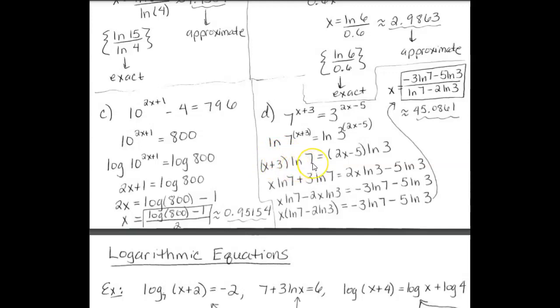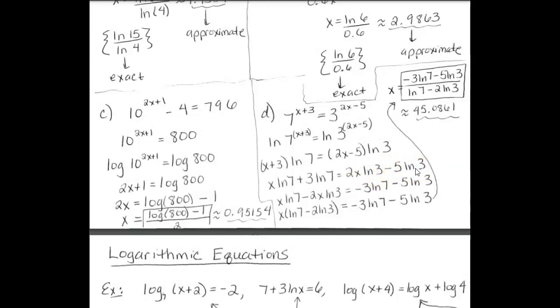So natural log of 7 is just a number. So we're just going to distribute it like we would distribute any other number. So x times natural log of 7 plus 3 times the natural log of 7 equals, do the same on the right, 2x times the natural log of 3 minus 5 times the natural log of 3.